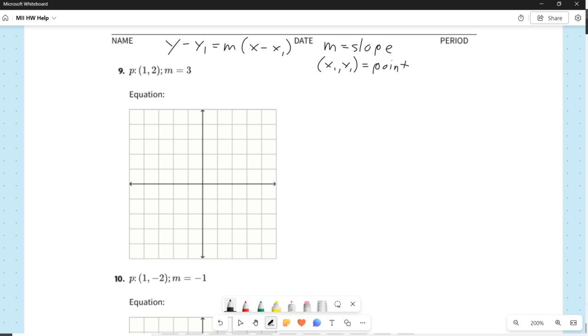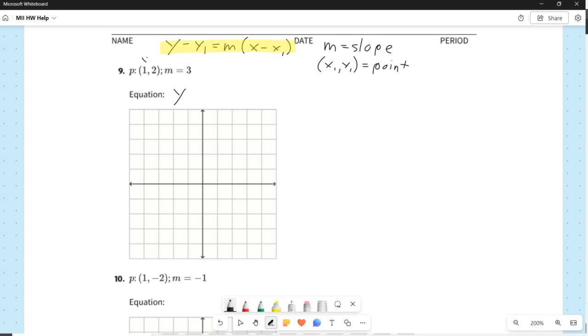So for number 9, we're told that we have a point of (1, 2) and that our slope is 3. For point-slope form, we simply take our general formula and plug in what we know. This first y does not have a subscript, so it stays. We're coming up with an equation, so we don't want to plug in for all of our letters. We want a usable function here. So we're going to have y minus y1.